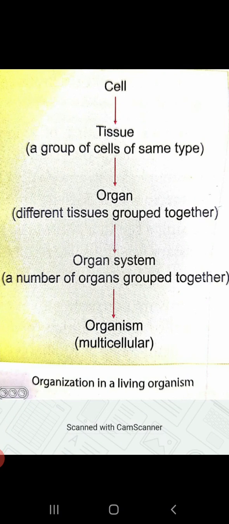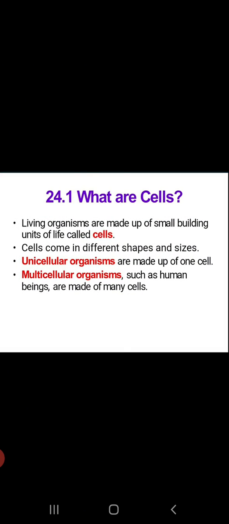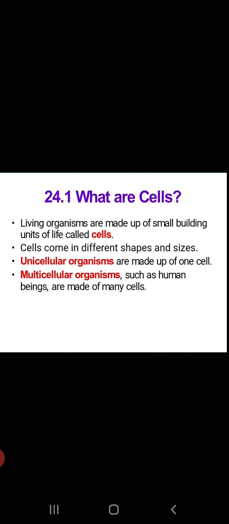Now cells show variation in their cell number, shape and size. So we will now study the variety in cell number, shape and size. When we talk about the cell number, based upon the number of cells, organisms can be divided into two types, that is unicellular and multicellular.